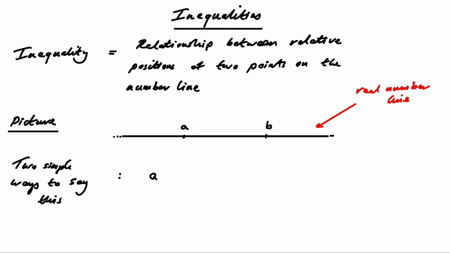So one way of describing it is we say that A, and then we do this arrow business, B. So we either write this, or we write it the other way around, or equivalently, we could write B, and then we use the arrow symbol here, but the other way around, with an A. So what does this mean?